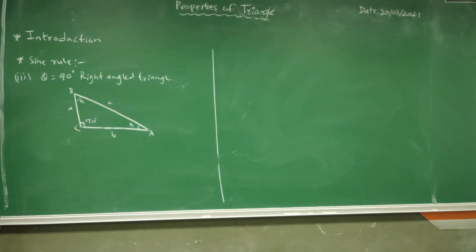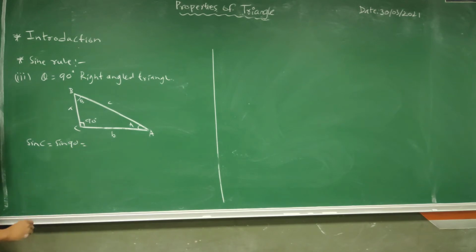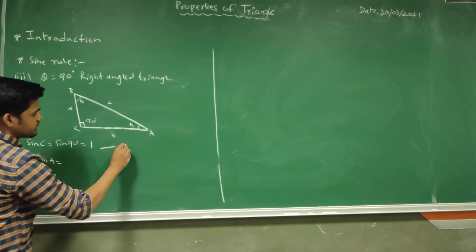So if I am applying sin C, I know sin 90 is nothing but 1, right? And if I am applying sin A, let's take equation number 1.